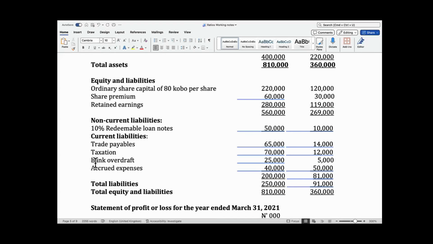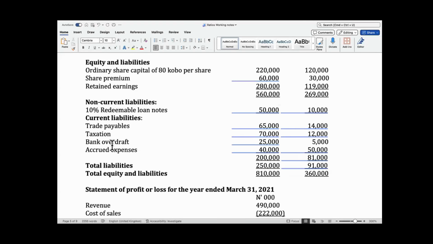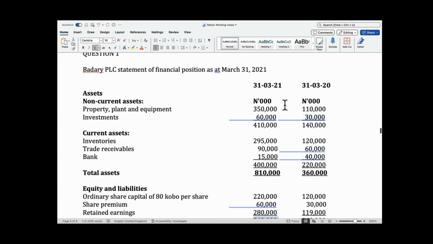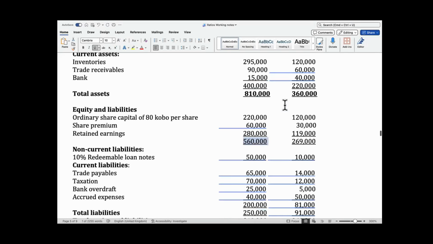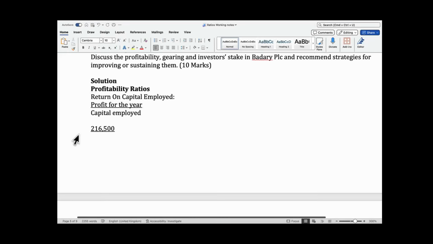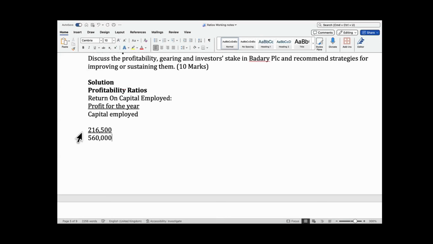I will use equity, since I'm using profit for the year, I have to use equity alone, divided by 560,000. Multiply by 100. What does that give us? 216,500 divided by 560,000. That's 38.7%.